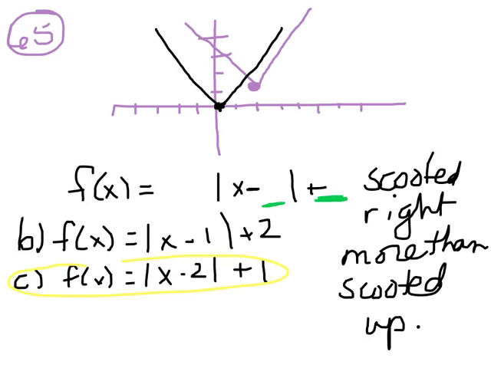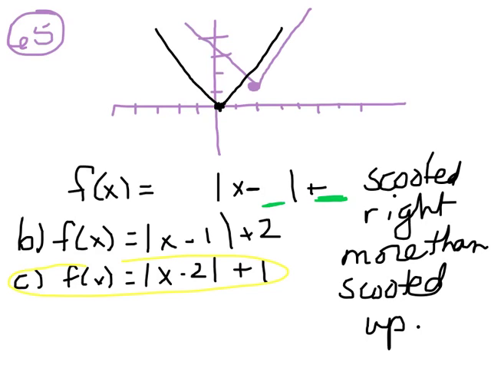So I'm kind of leaning toward this one, especially when you look in the book. I could have drawn mine better. I put little marks on it and didn't mean to, but it looks like it might be scooted over maybe 2 and 1 or 1.5 or something. So that's why I'm thinking that C is going to be the answer.